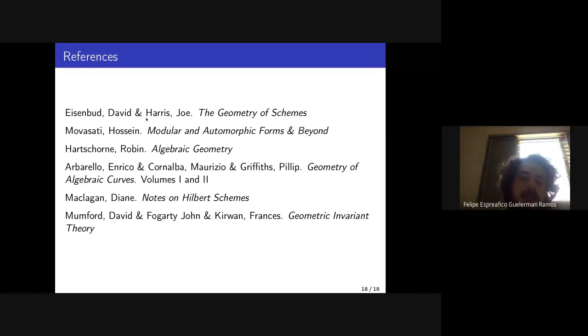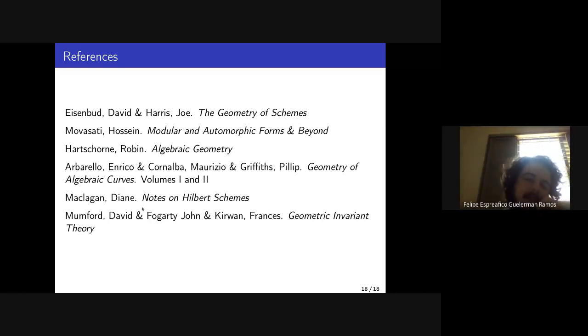Most of the results I stated here are in this book, The Geometry of Schemes by Eisenbud and Harris, and also in Geometry of Algebraic Curves, a classical book by Arbarello, Cornalba, and Griffiths. Also, these notes of McLagan are nice for seeing some computational examples, and she makes some computations using Gröbner bases and these things.